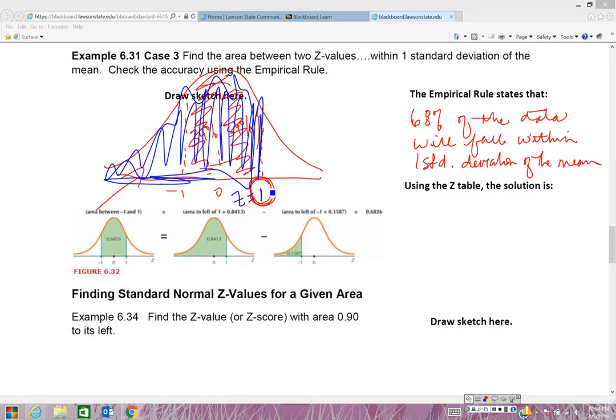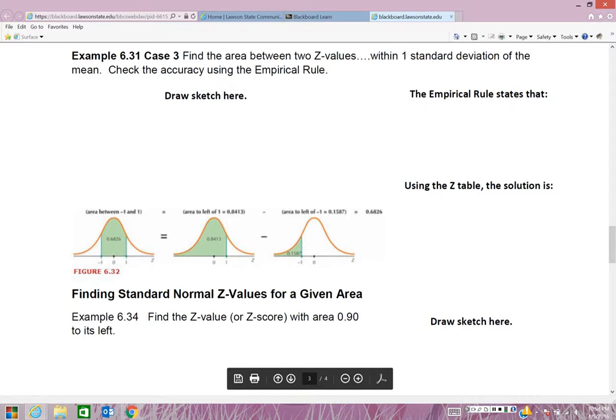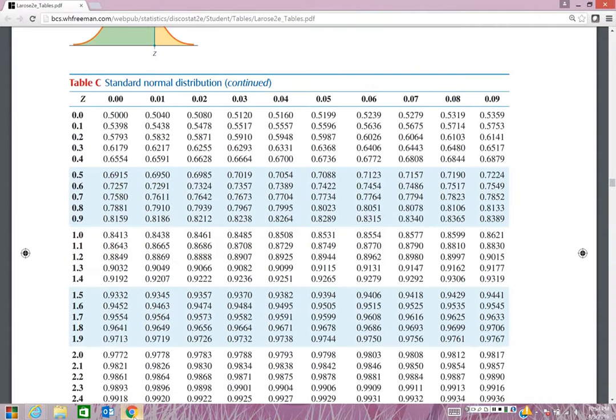What do we do? Well, you should go to your z table and look for 1. 1 is equivalent to 1.00. So let's do that. We're on the positive side.